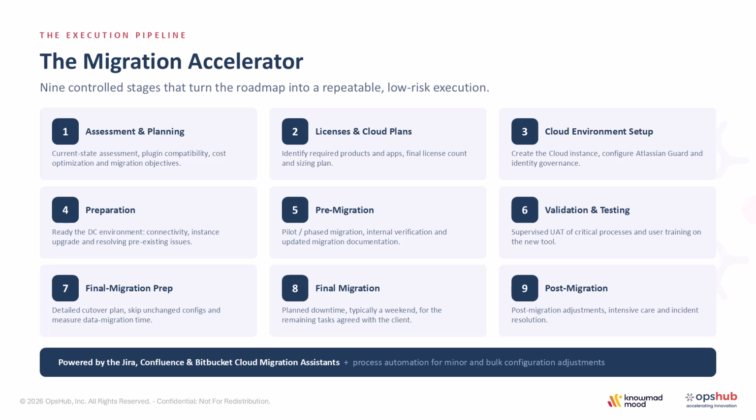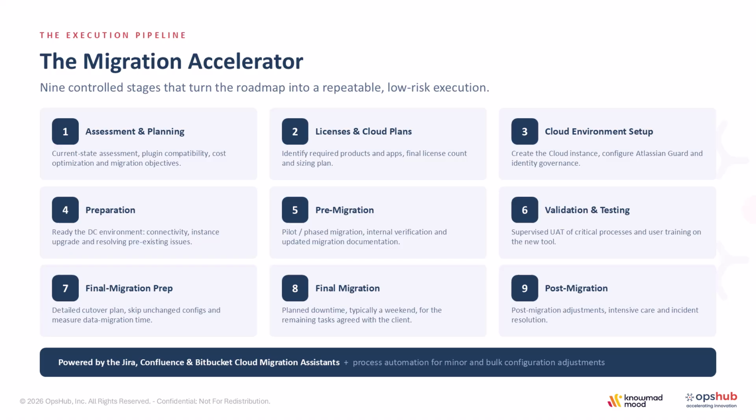Then we have to go and work with the licenses and prepare the Atlassian cloud environment, which is the third part. So when we have the licenses defined, we have to buy them or trial them, and then get the setup for the to-be environment, the cloud environment, start preparation.